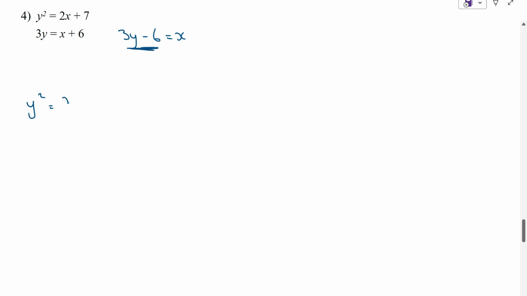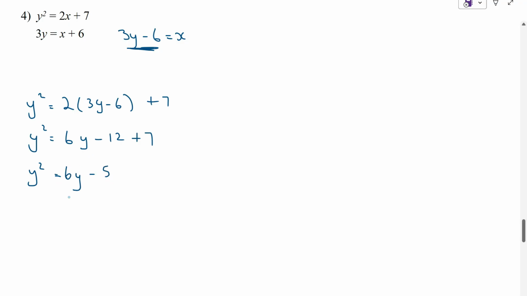So y squared equals 2 multiplied by 3y minus 6 plus 7. Expand that out. Now let's take all of these values over, so this equation equals 0. And then we can factorize it.